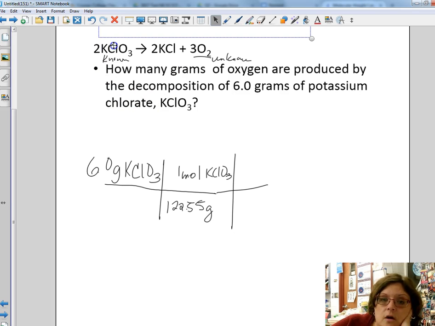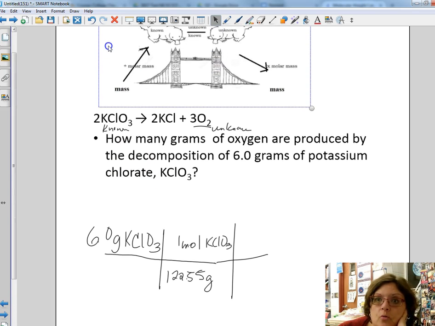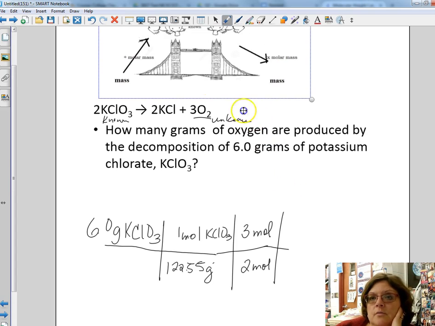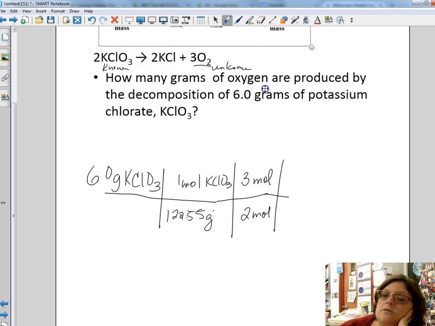Our known amount is 2 moles. That goes on the bottom. We're trying to solve for oxygen, and that ratio is a 2 to 3 ratio. Finally, we want to come back off the bridge, so we have to multiply by the molar mass of oxygen, which is 32 grams in 1 mole.